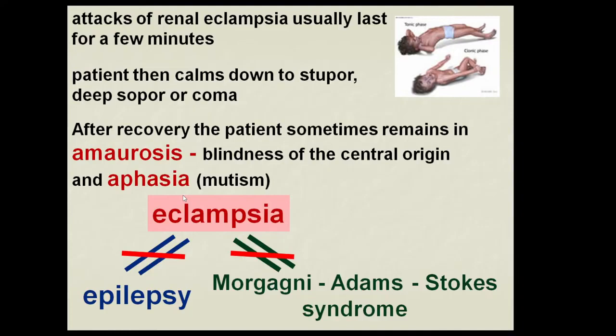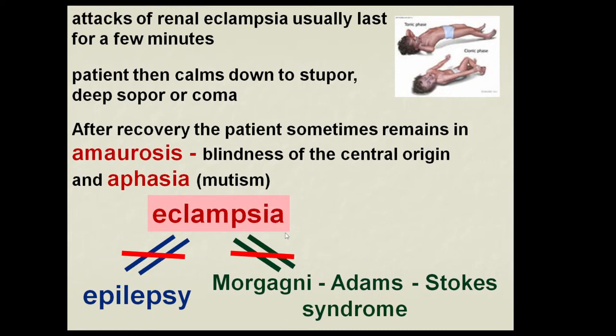How can it be differentiated? Epilepsy is a specific psychic disorder, with normal blood pressure and normal pulse rate. In Morgagni-Adams-Stokes, with progressive atrioventricular block, sometimes there is no pulse and pressure, or a very low pulse rate.